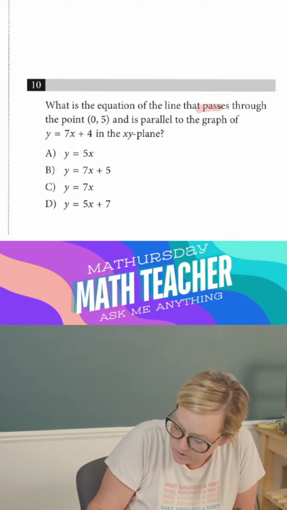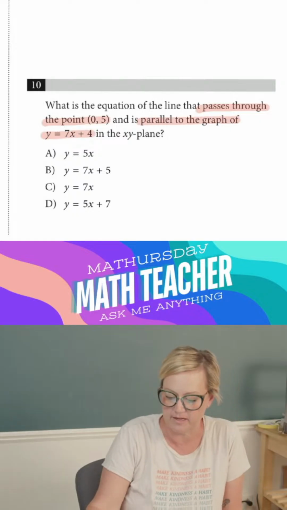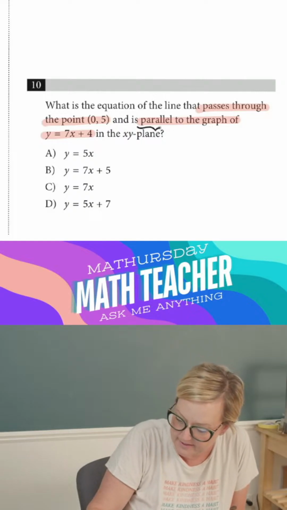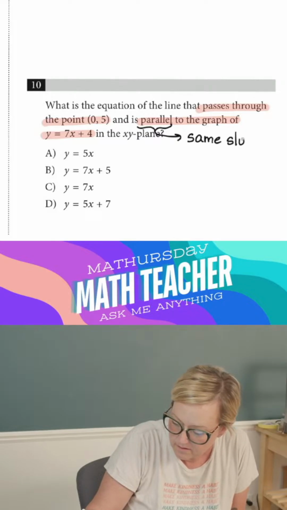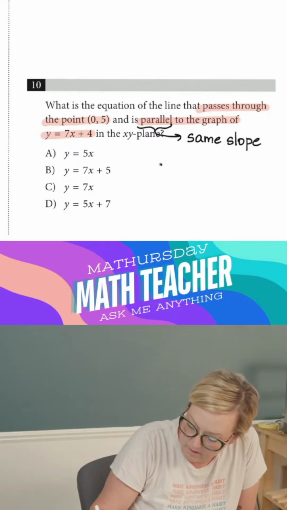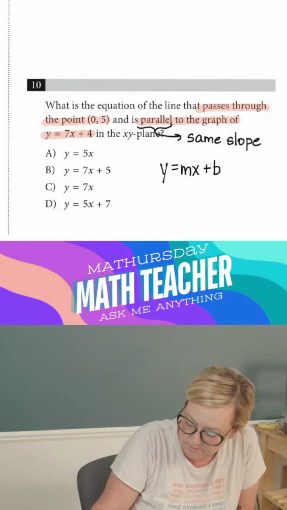So it passes through the point 0,5 and is parallel to y equals 7x plus 4. When you've got 2 parallel lines, that means that they have the same slope. All of these equations are given in slope-intercept form, which is y equals mx plus b.